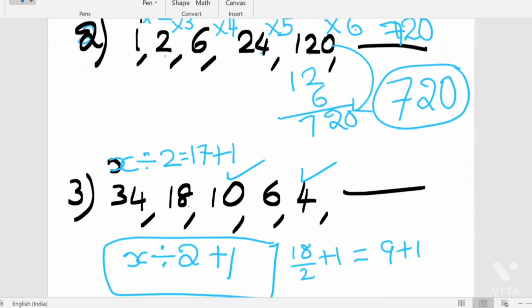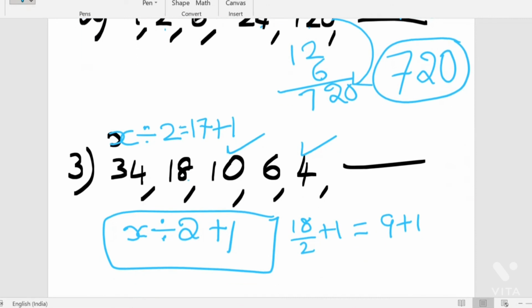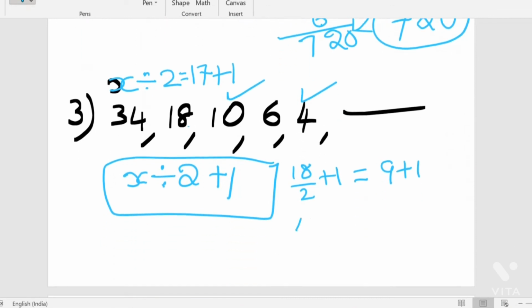So we follow the same thing to find the missing number with the 4. 4 by 2 is 2, plus 1, the answer is 3. So the missing number is 3. Okay, we'll move to the next problem. Question number 4.